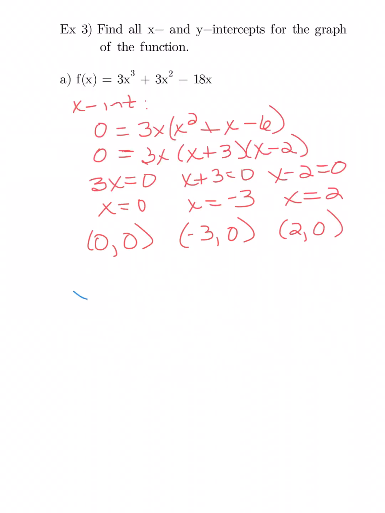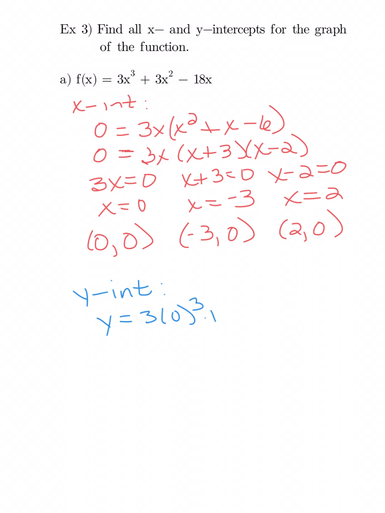To find y-intercepts, this is easier because we take our original equation. I'm just taking out f of x and replacing it with y, and we put in 0 anywhere we had an x. So on our first term, we would have 3 times 0 to the third.